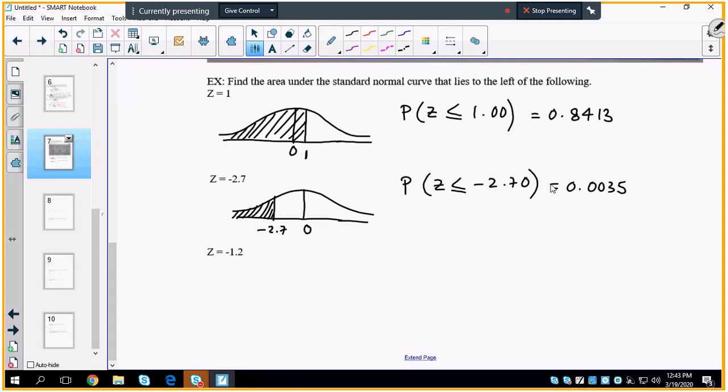Negative 1.2 and the left of that. I draw my standard normal, 0, and negative 1.2 will be left of 0, and I want the left-hand side of that. I write it as the probability of z less than or equal to negative 1.20. I go to row negative 1.2 and use the column 0.00 on the negative side of the table.